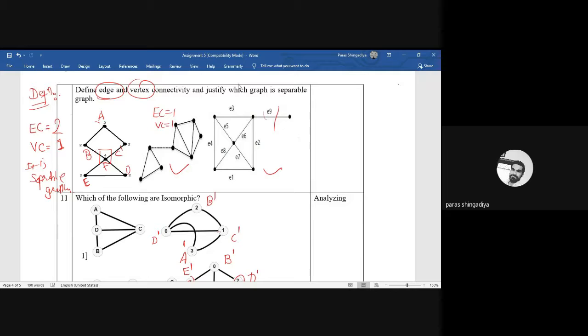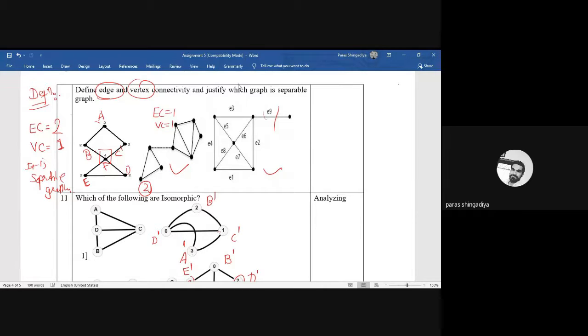Yes, what is edge connectivity of the second graph? Okay, answer is 1.